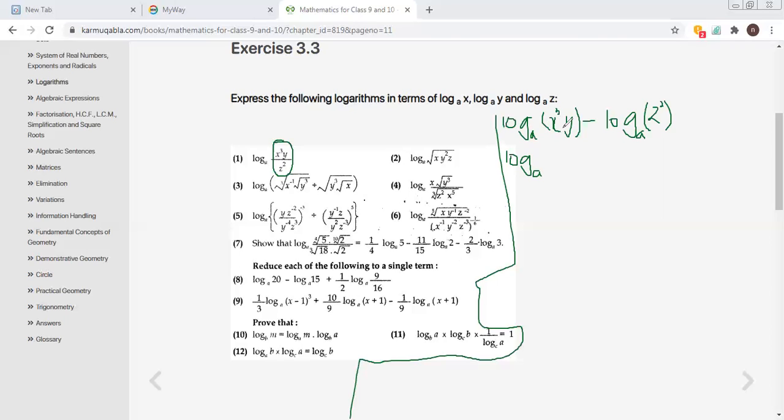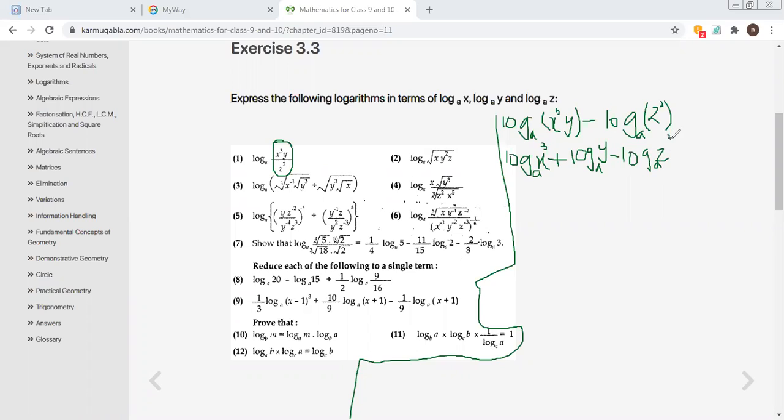Then open the bracket and add, just like this: log a of x plus log a of z. Very good, it becomes log a of b. And the third term we will write as it is for now, because we will solve it together with the others.